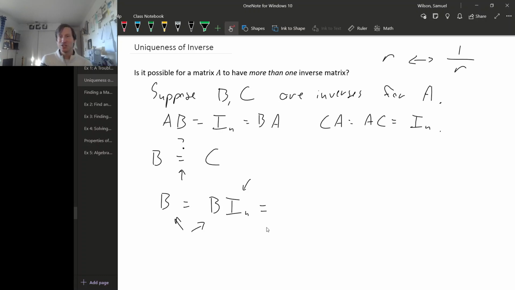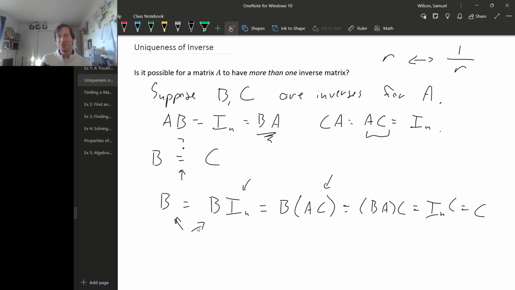In particular, we could choose, say, A times C. So then we'd have B times the identity matrix, which is B times A times C. But we noticed that matrix multiplication is associative, so we could move those parentheses over to here, B times A times C. But B times A, that's the identity matrix again, times C. And of course, the identity matrix times C is C. So here we have a big calculation that shows us that B is actually equal to C. So if there is a matrix inverse, there is only one of them. So for any given matrix A, its inverse, should it exist, is unique.